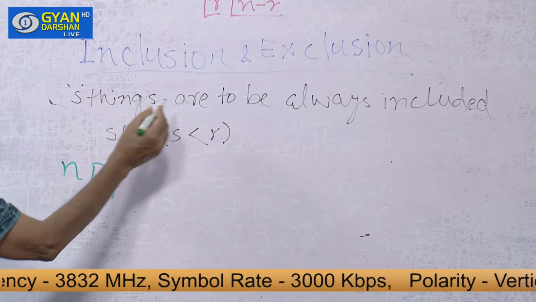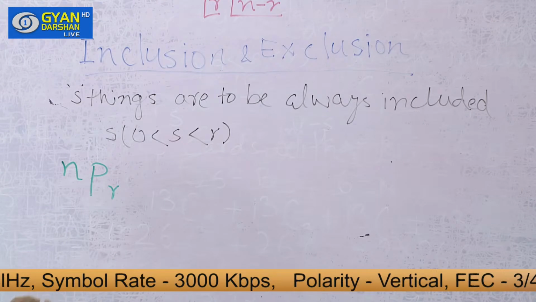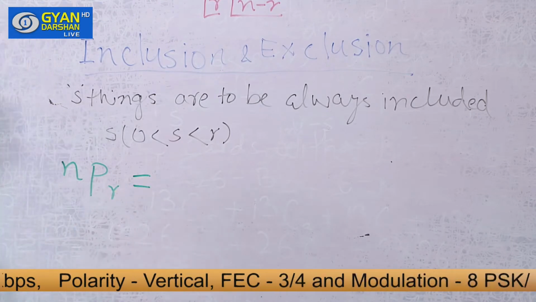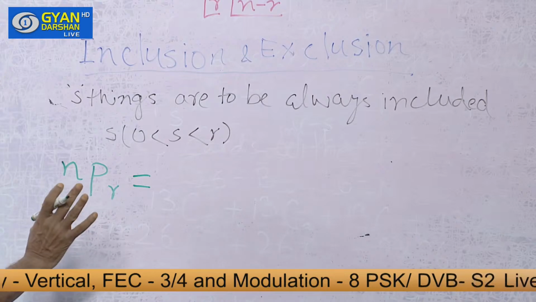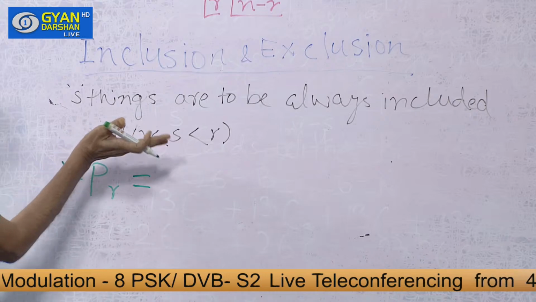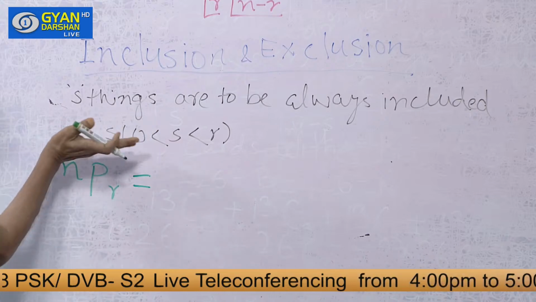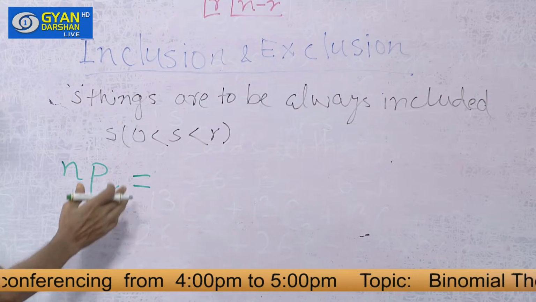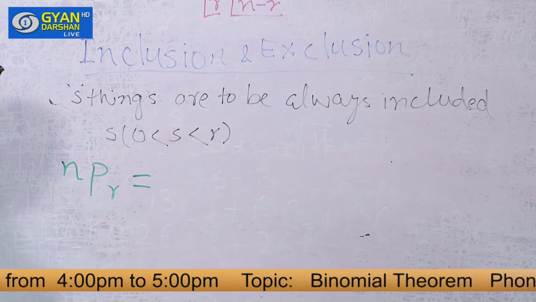The condition is that s things should always be included. First we will take s things, because these have to be included always, and these have to be permuted at r places.